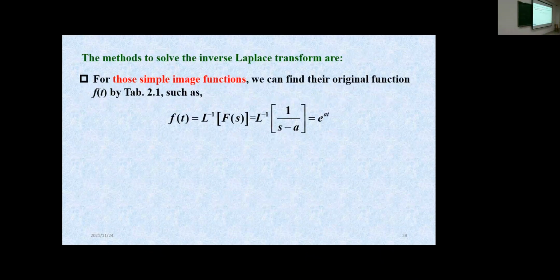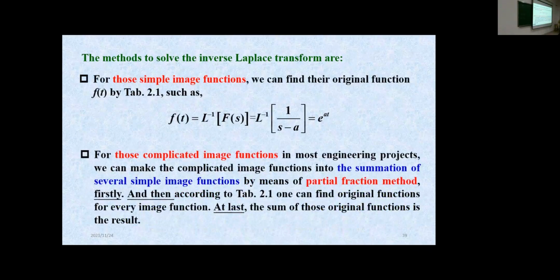The methods to solve the inverse Laplace transform: for simple image functions, we can find the original function by the table. Such as this function given to you, you can quickly look up the table and do the inverse, right?